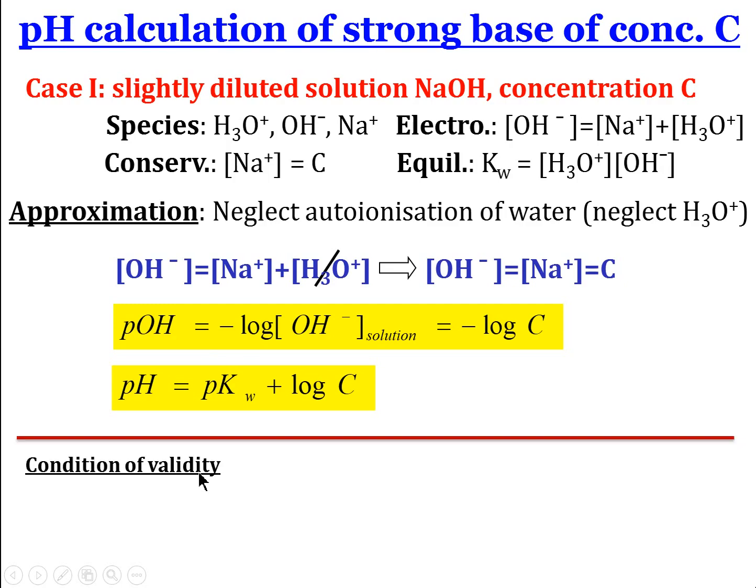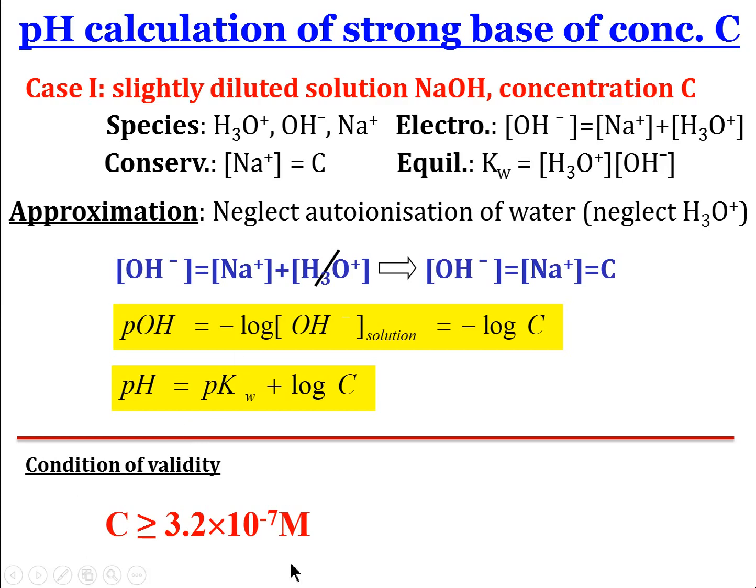What is the condition of validity for this formula obtained? We obtain this formula by supposing H3O+ is negligible with respect to Na+. So H3O+ is less than 10 times smaller than Na+, that is, H3O+ is less than C over 10.